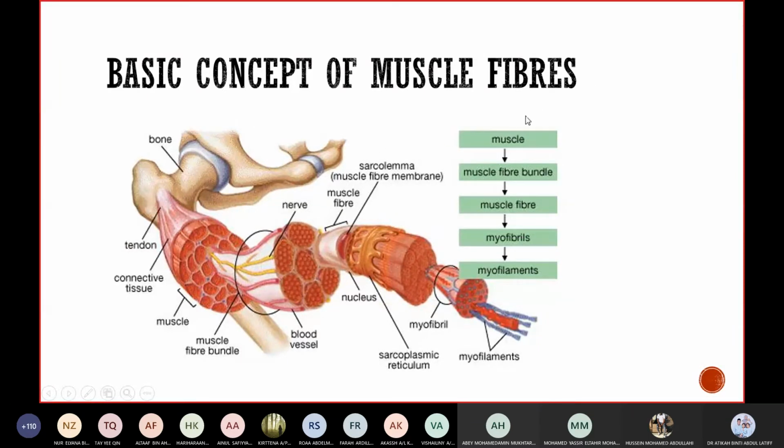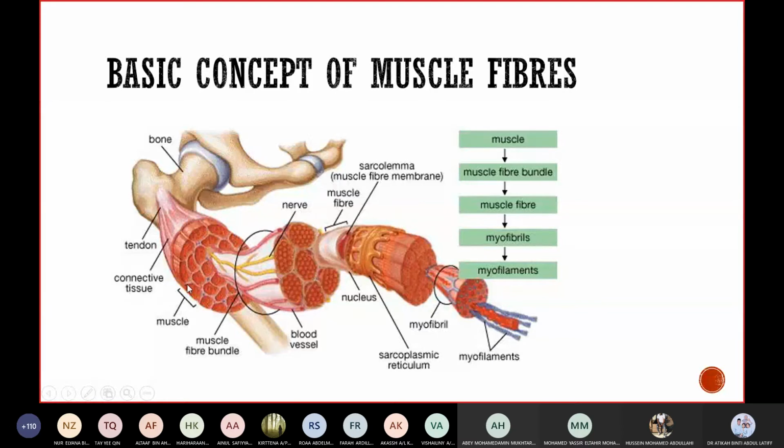So if you take a muscle here, for example, this is your pelvis, and this is a muscle attached to your femur.